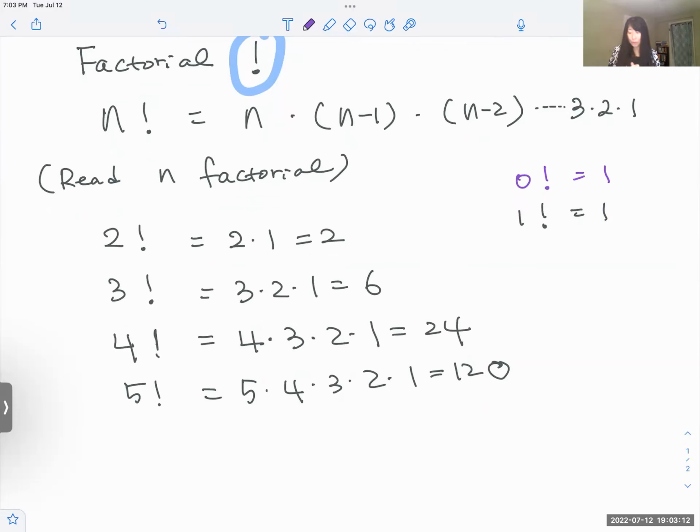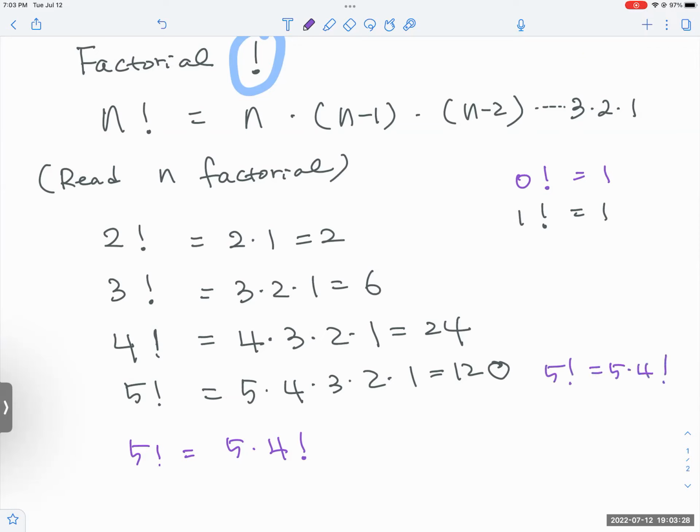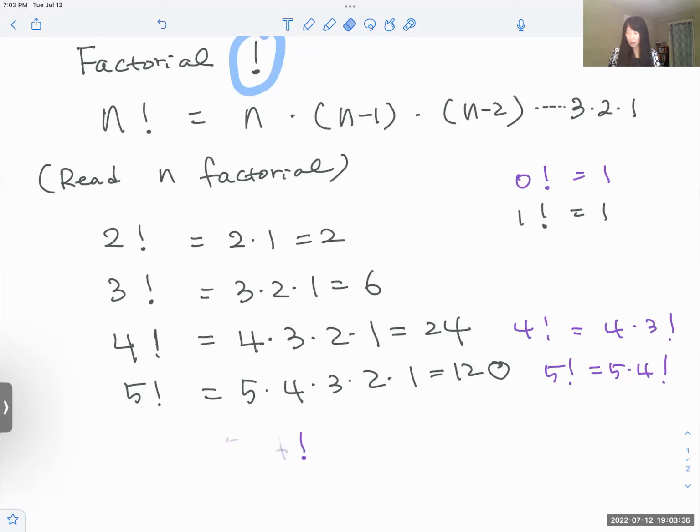So look, for 5 factorial, we can say that it's 5 times 4 factorial. Do you agree? Yes. Okay. Now, 4 factorial, we can express as 4 times 3 factorial, right? Correct?